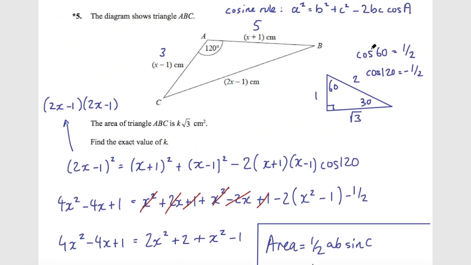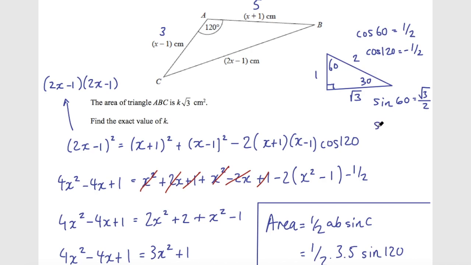Now similarly to how cosine of 60 equals the negative of cosine 120, if we work out the sine of 60, it's actually root 3 on 2, so the opposite over hypotenuse, and the sine of 120 is actually the same.